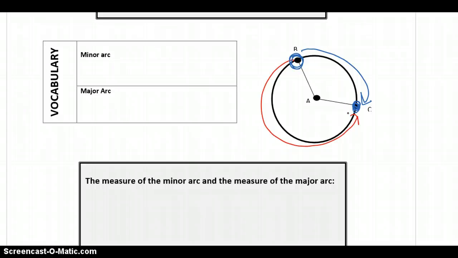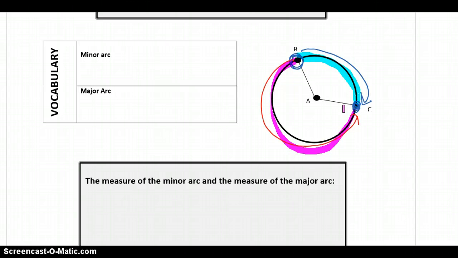Question? No. Okay. So starting at point B, if you trace around the circle, there are two ways you can get to point C. You can go this shorter distance from B to C here, or you can go the longer distance all the way around the other side of the circle.